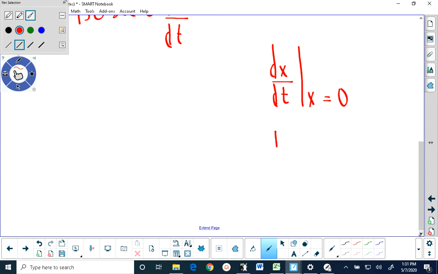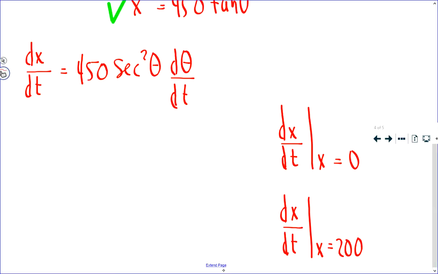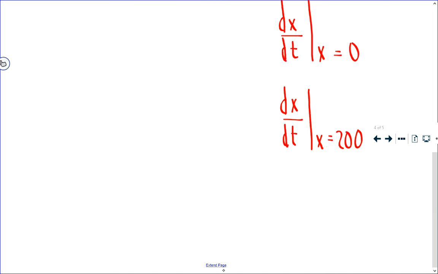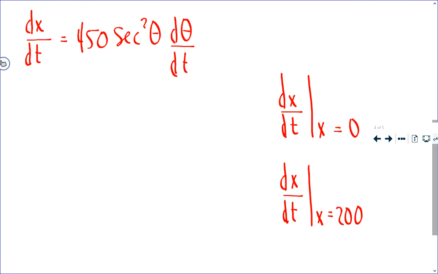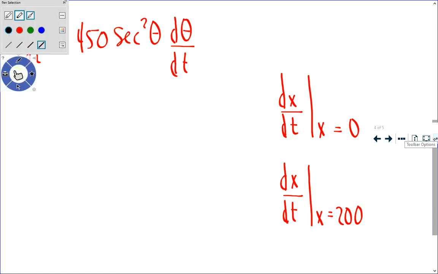We also want to find dx dt when x is 200. I don't know if you remember, but I had said in the previous question that when you do related rates problems, we're not necessarily concerning ourselves with the angle. We're concerning ourselves with the trigonometric ratio. Let's keep that in mind as we work through both of these.